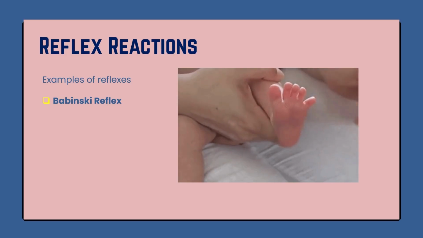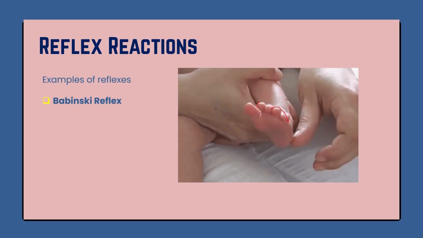See here, this toe will go up and these toes will spread out. This is called Babinski reflex. Note, this is very normal for infants up to 2 years. If any adult shows this reflex, it is considered not normal. It indicates potential damage to the nerves.